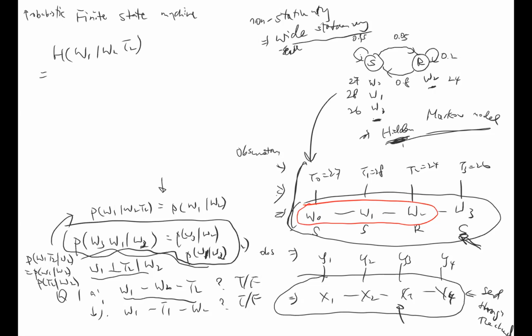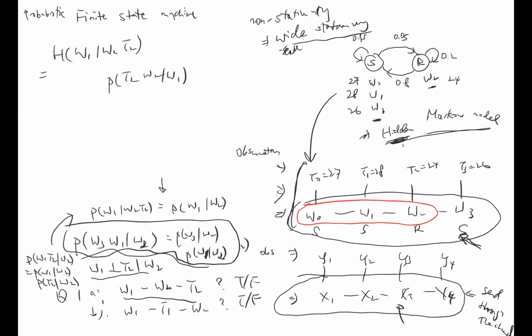Let's say P of T2, W2 given W1. How do I build this model? In our model, the temperature only depends on the current weather, the weather of the current date. And the weather of today only depends on the weather of the previous day.